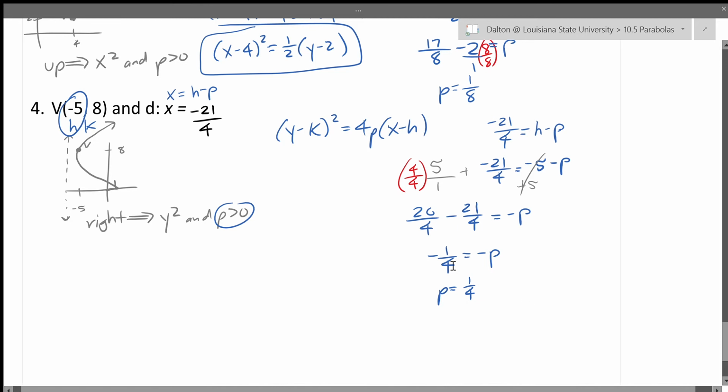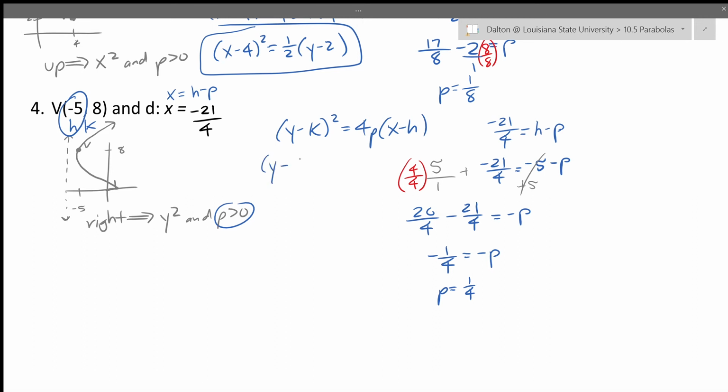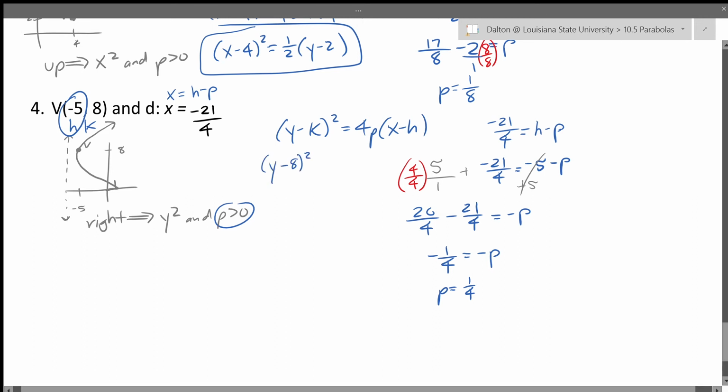And then we just need to substitute that p and h and k into our equation. So we get y minus k, which is 8, squared equals 4 times p, which is 1/4, times x minus h. So that'll be x plus 5.